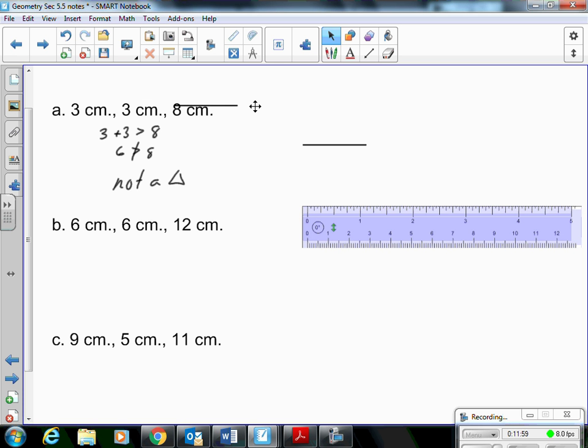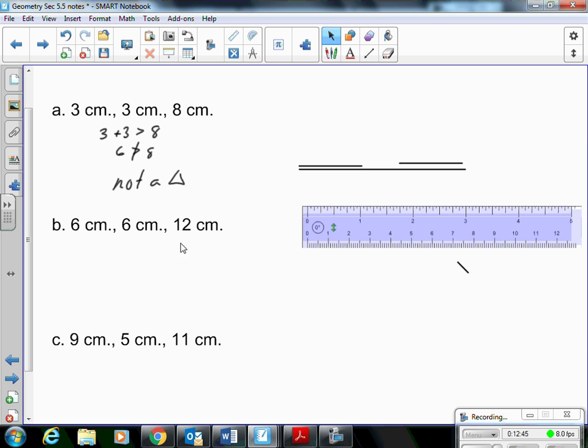I have two 3-centimeter lengths, and then I have an 8-centimeter length. If I try to make a triangle out of those, that's not going to work very well, because two 3-centimeter lengths, even laid flat on the 8, are not going to close, right? And so you're not going to be able to make an angle with them, and those close up the triangle.